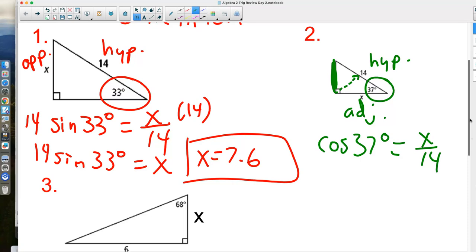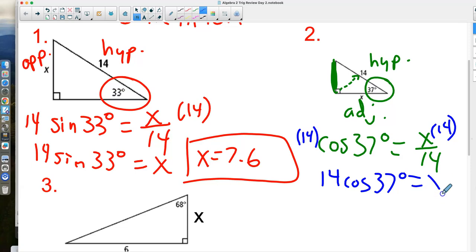So how would we solve it? Yeah, multiply both sides by 14. 14 cosine of 37 degrees equals x. I'm going to let you pop that in, and we want to round to the nearest tenth. Brittany says 11.2. Is that what everybody's getting? Beautiful.